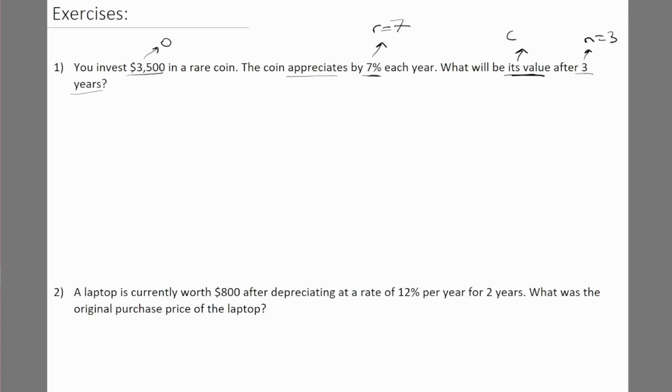Okay, so this is straightforward. We're just going to write out the rule. And again, we use the plus right here because this is appreciation. So the current is equal to 3,500 multiplied by 1 plus 7 over 100 to the power of 3.